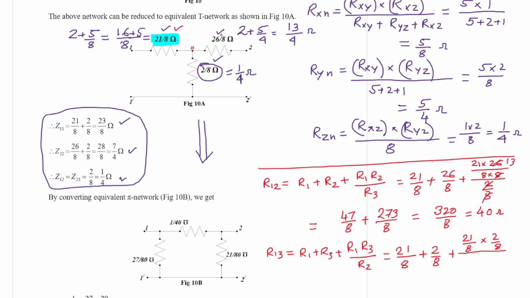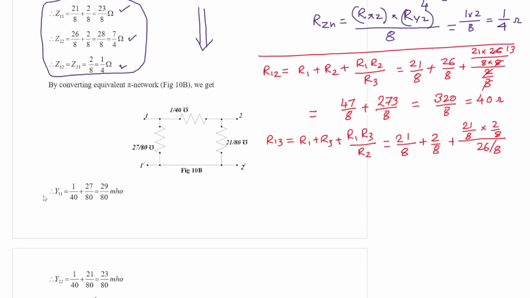R2 here is 26 by 8. So if you solve this, the first two terms will give you 23 by 8, and in the third term the 8s cancel, so it will be 13 in the denominator, so it will be 21 by 13 into 8, that means 104.